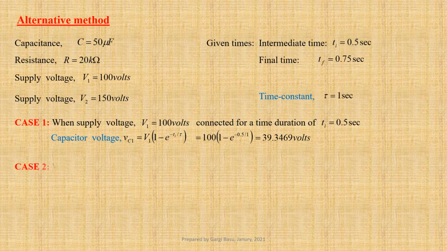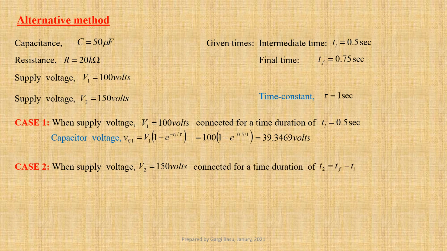Case 2. When supply voltage V2 equals 150 volts connected for a time duration of T2 equals Tf minus Ti, that is equal to 0.75 minus 0.5, that gives us 0.25 second.